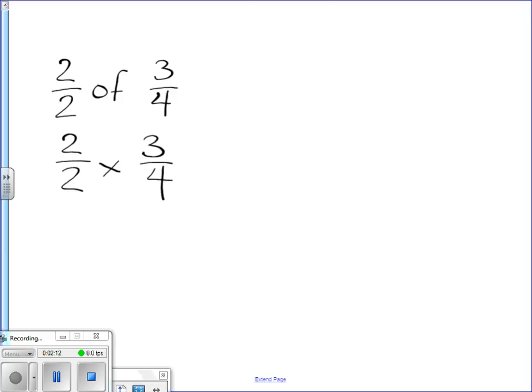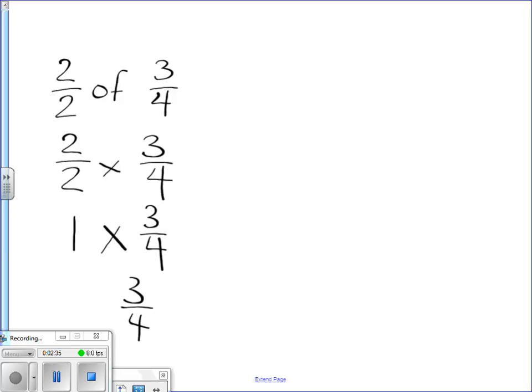So 2 halves times 3/4, we should get 3/4. So if we look at it this way, this is 1 times 3/4, we get 3/4. Not 1 and 3/4, that's adding. This is 3/4. We're multiplying.